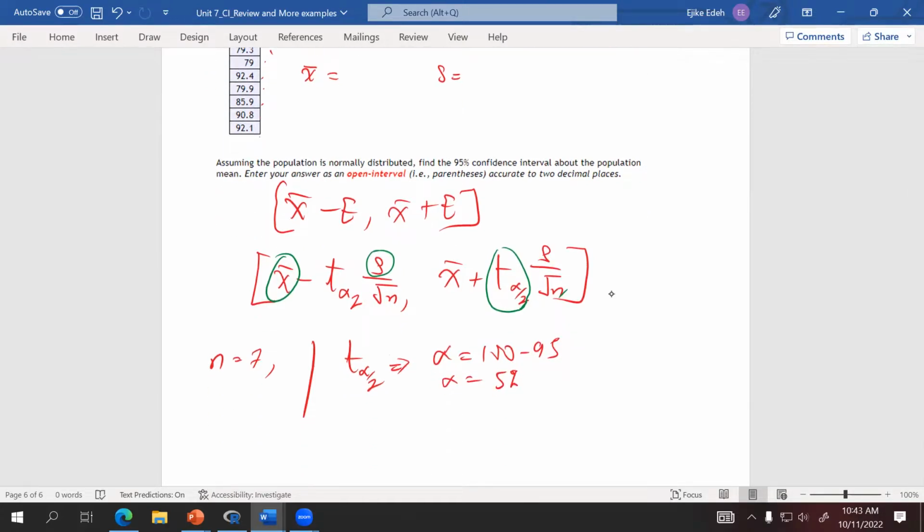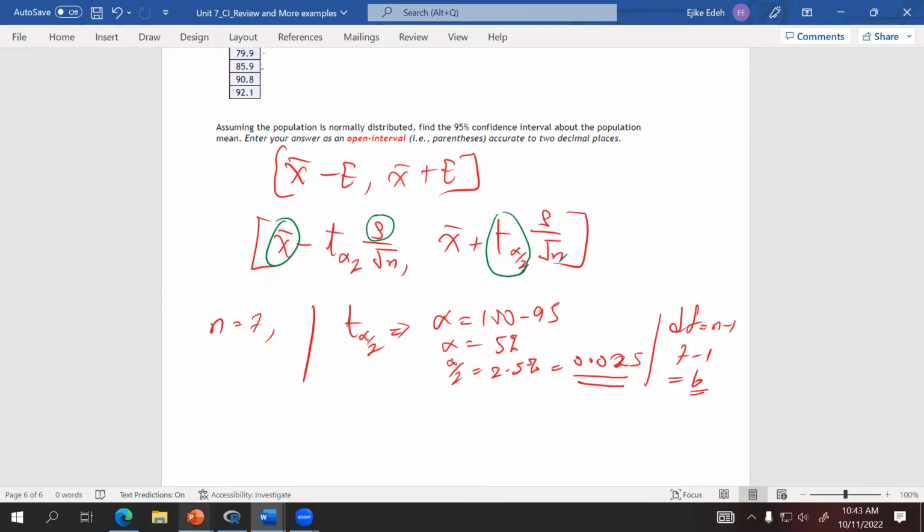Alpha over 2 will give you 2.5%, which is 0.025. Since you are dealing with T, you need the degrees of freedom. Degrees of freedom is n minus 1, and you have 7 minus 1, which is 6 in this case. So you need an area of 0.025 under the degrees of freedom of 6 on your T table to find your critical value.